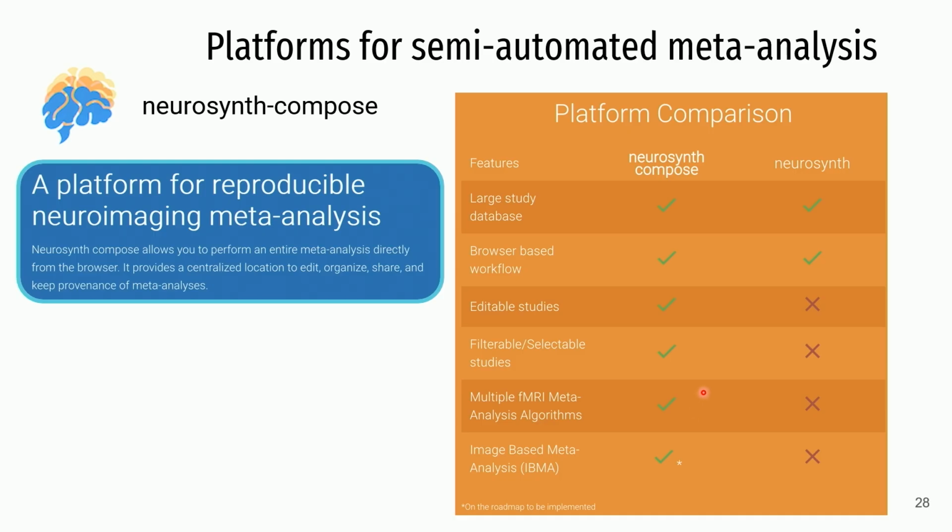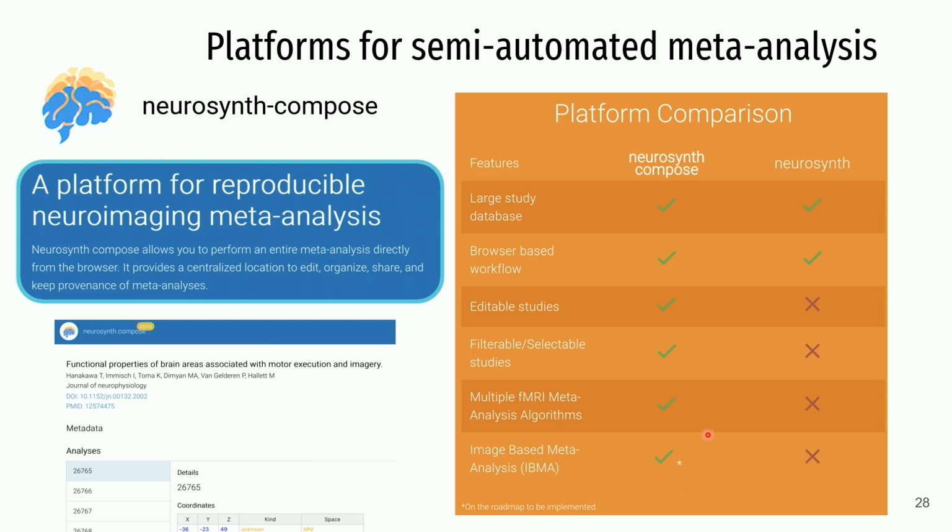They also support multiple meta-analyses and CBMA algorithms. Sorry about that. And then they're working on, and I don't know if it's already in there, but the plan is to also incorporate image-based meta-analysis. One thing that's really cool is they have already populated a number of meta-analyses in Neurosynth Compose for you to use as examples and to work through and learn from.